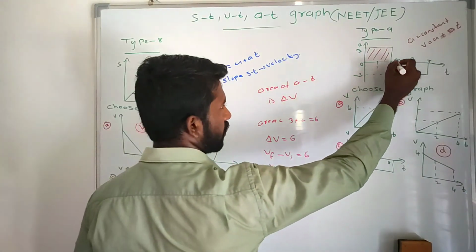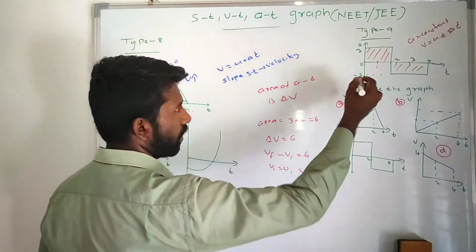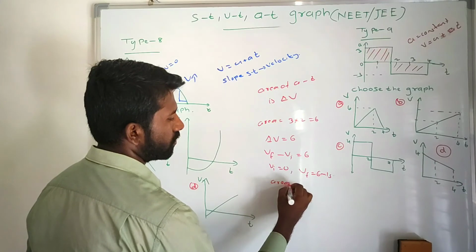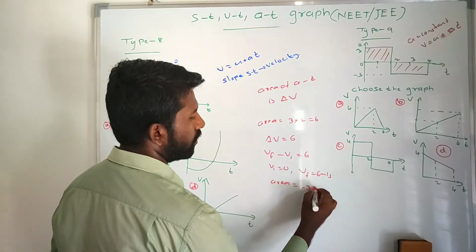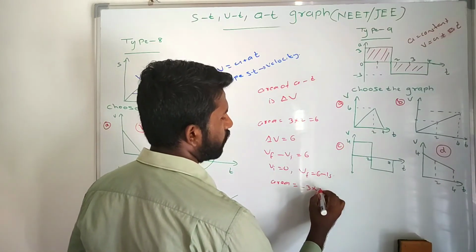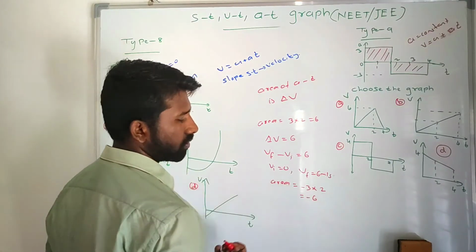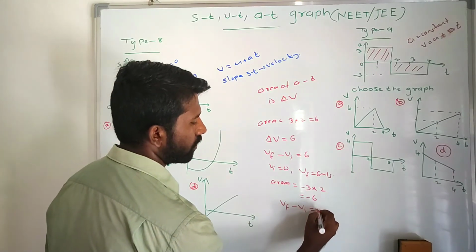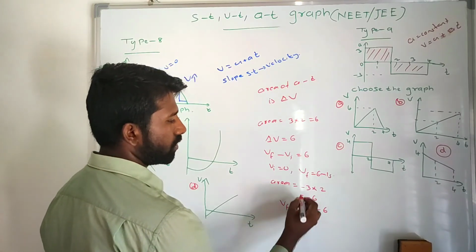Next, what is to be happening in this area? I'm going to find out that area. That area is equal to minus 3 into, I'm taking this time interval, that is 4 minus 2. 2 you will get, that is minus 6. So change in velocity, final velocity minus initial velocity is equal to minus 6. What is the initial velocity?